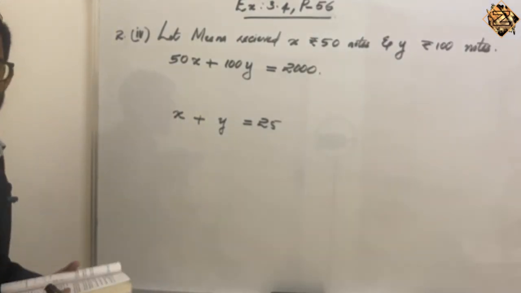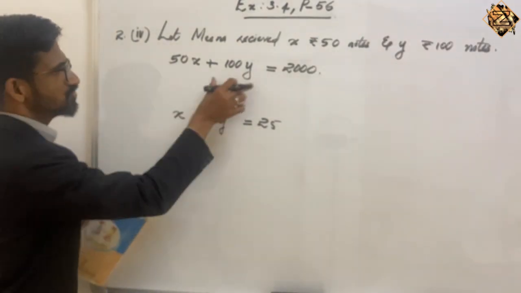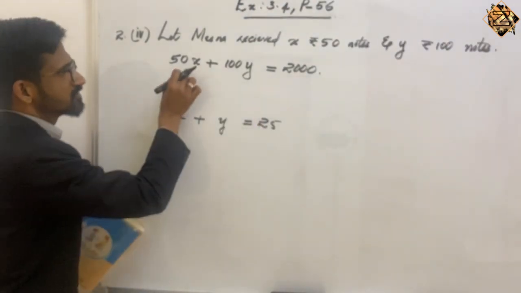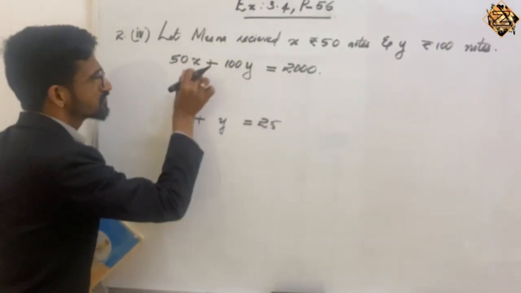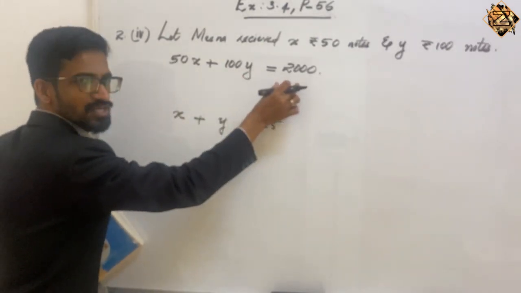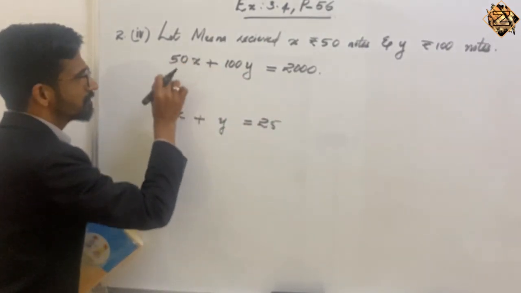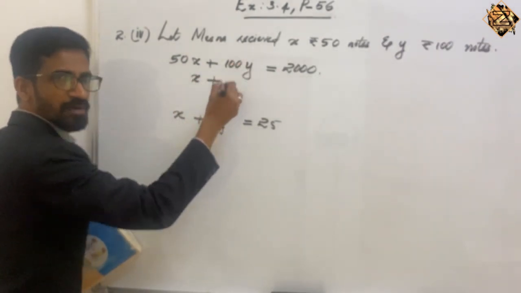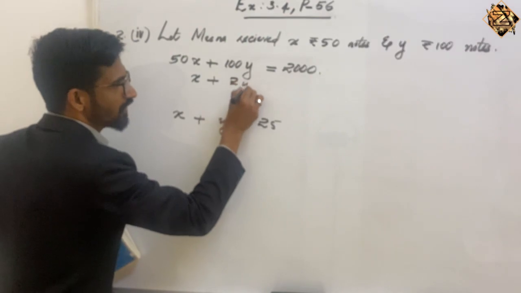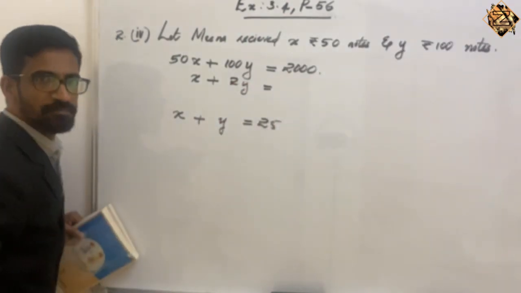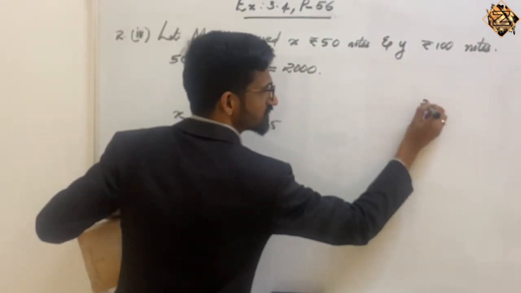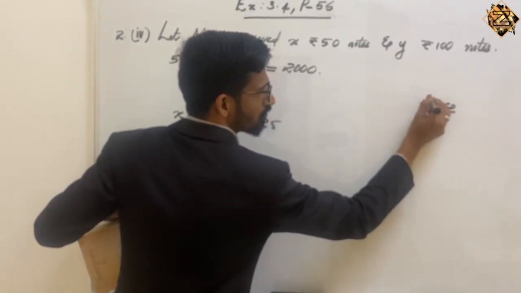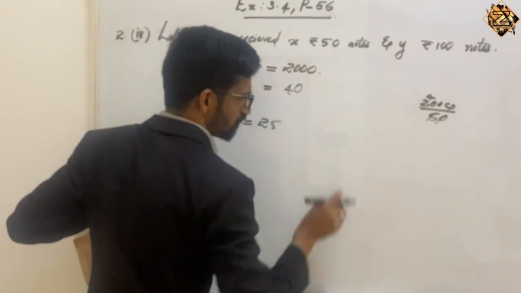Now we have two equations. We can reduce this equation first. We will divide all terms by 50, since 50 is common in all these terms. So 50x by 50 is x, plus 100y by 50 is 2y, equal to 2000 by 50, which is 40.